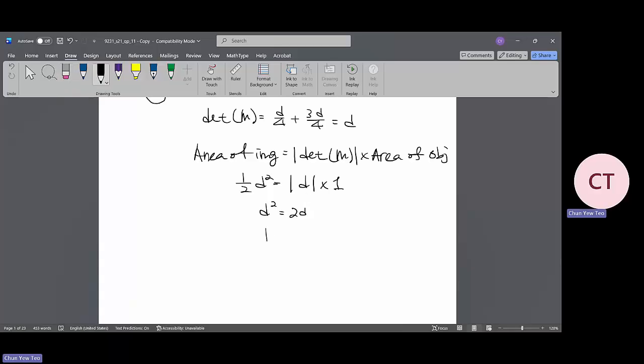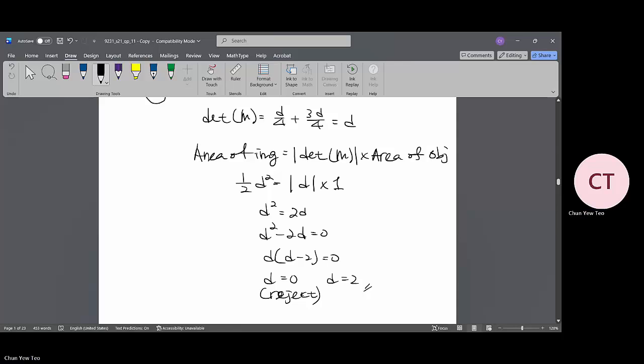So we will get d squared minus 2d equal to 0, and then d is equal to 0 or d is equal to 2. The 0 needs to be rejected because the question mentioned that d is not equal to 0. So therefore d is 2, shown.